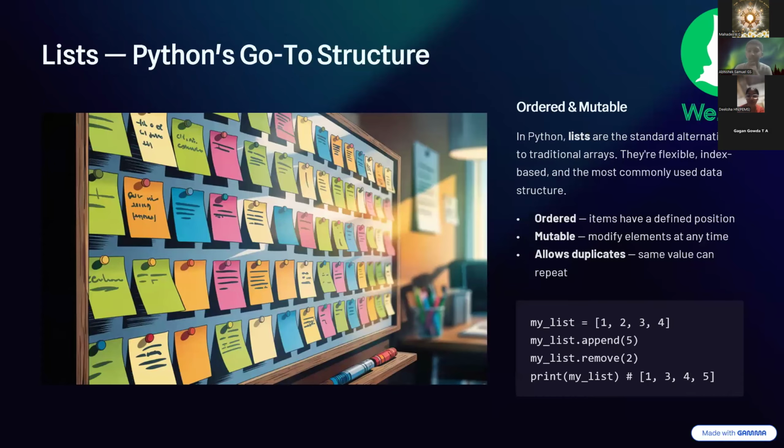The reason I mention lists is that lists and tuples are two different things. Lists and sets are mutable, but tuples are immutable. Here, a list is a collection of items, like traditional arrays.